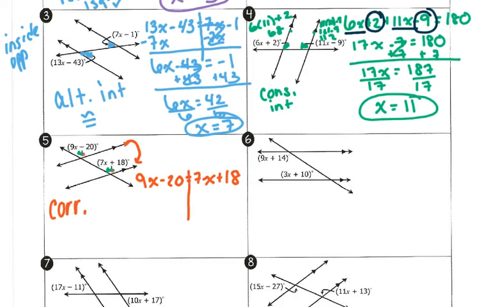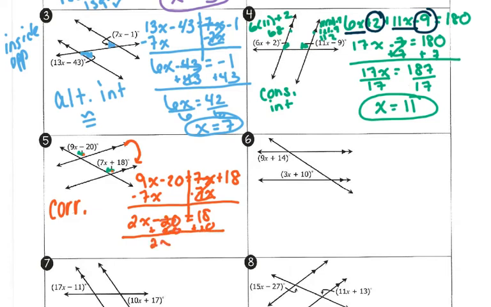So getting your variables on one side, constants on the other, you're going to subtract 7x, subtract 7x. So then you have 2x minus 20 is equal to 18. Add 20 to both sides. You get 2x is equal to 38.